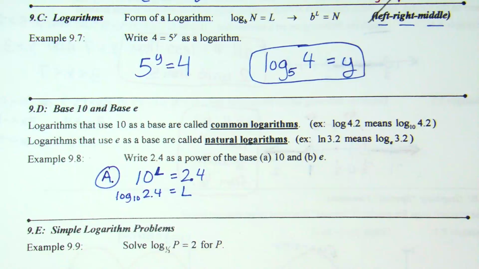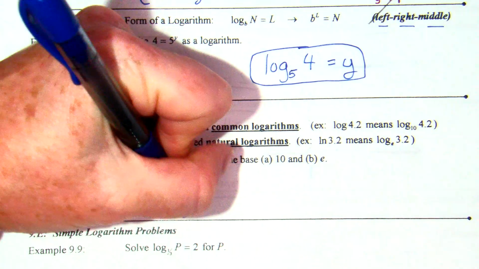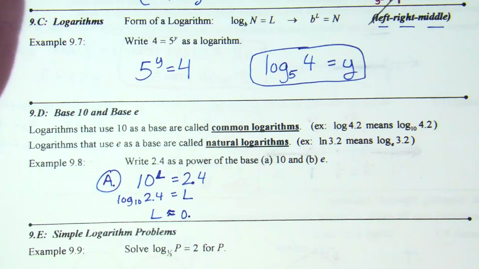So you're undoing your left, right, middle. Can you find L at this point? With your handy dandy calculator? What is the log of 2.4? It is not red, if that's it. It's not bread either.